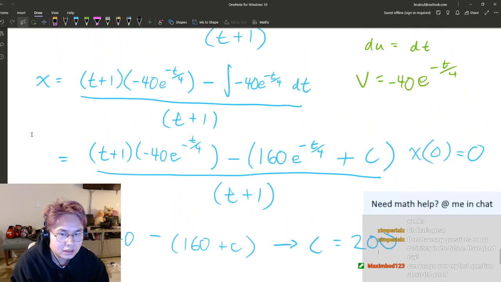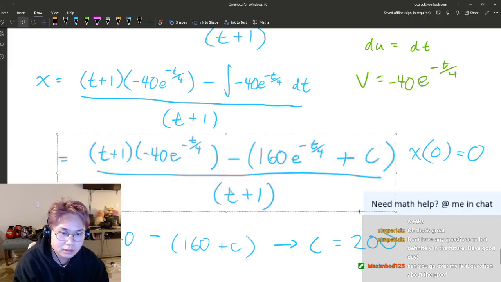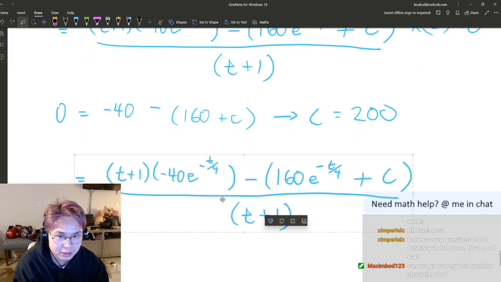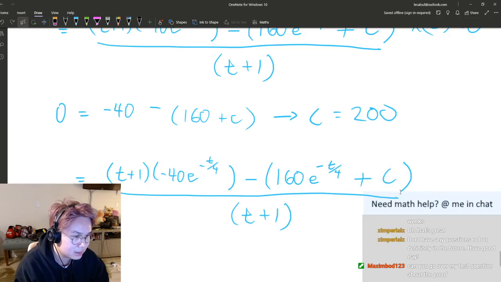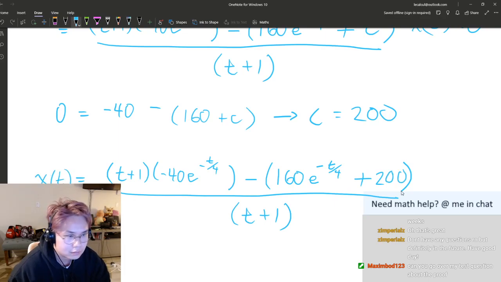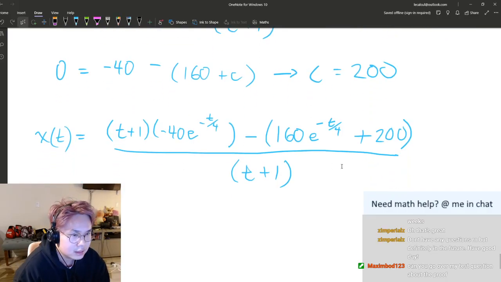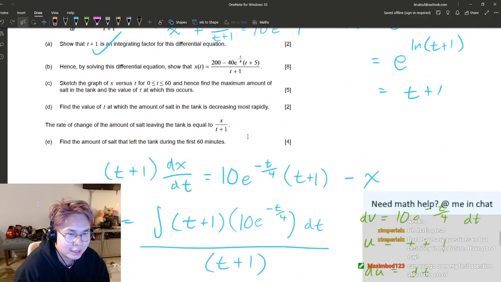And then I think all we need to do is just make it look like what the question wants us to make it look like, because it's not quite in the right order or factored in the right way.